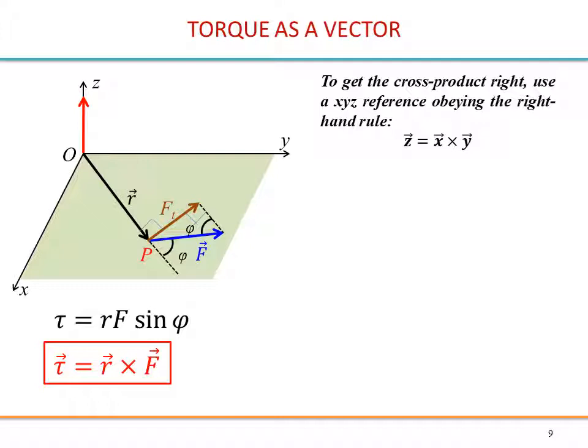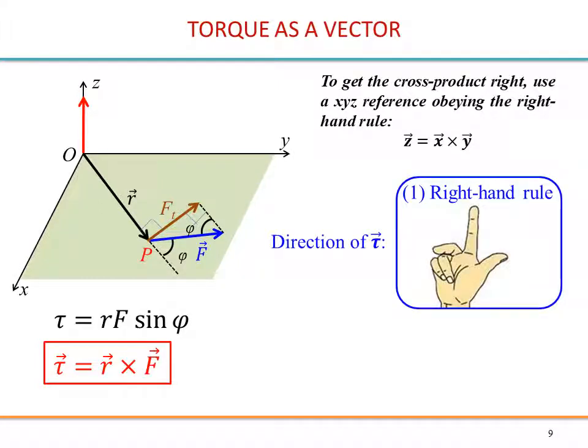When you choose your axis system, you have an x, y, z space reference. So you must choose your z such that it is x cross product with y. So these are unit vectors. So don't put the positive z downwards, even if it is convenient for you. You have to respect these rules if you want your cross product to give the right sign.